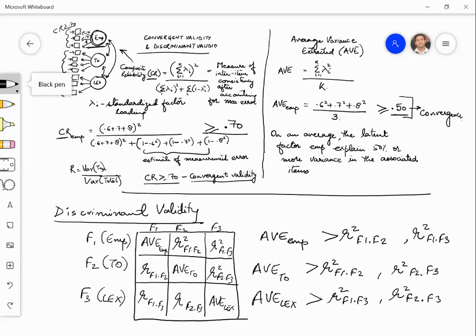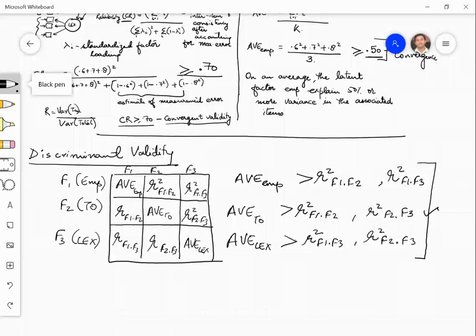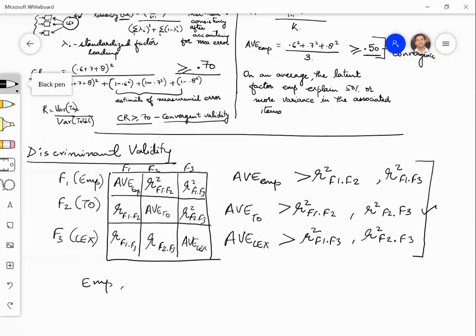If you are able to prove that these three conditions are met, then we can say that EMP, TO, and LEX can be modeled as separate factors, separate constructs.